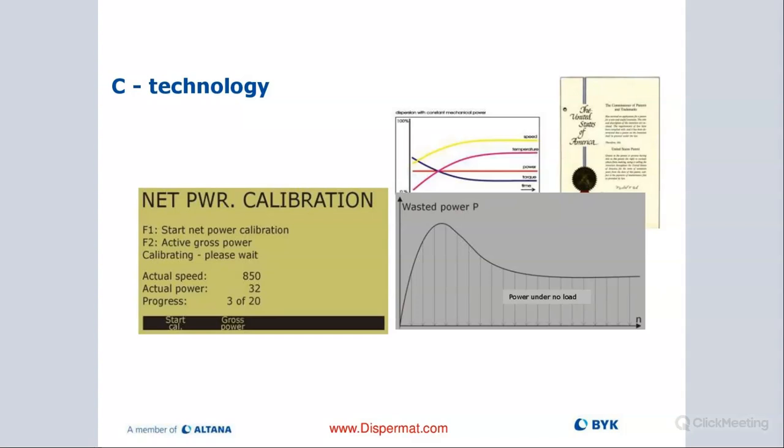That means when I'm making my product, all the values like my torque, my energy input, and so on are only reflective of my material and not of the machine noise. That could be very helpful, especially when you're upscaling and you have a very precise product, and you need to be really mindful of all the influences on the respective values. So the net power calibration is a good tool to eliminate that noise.